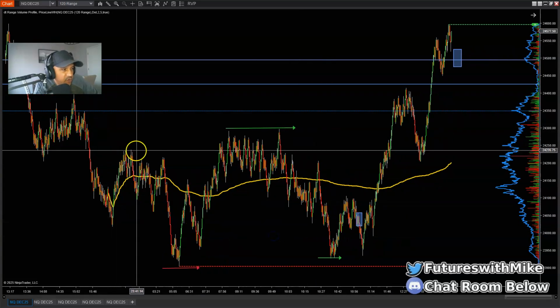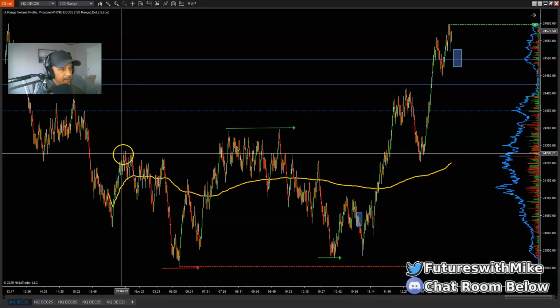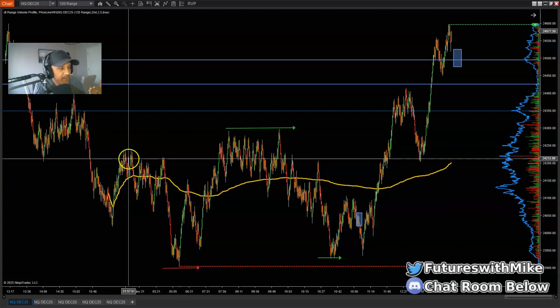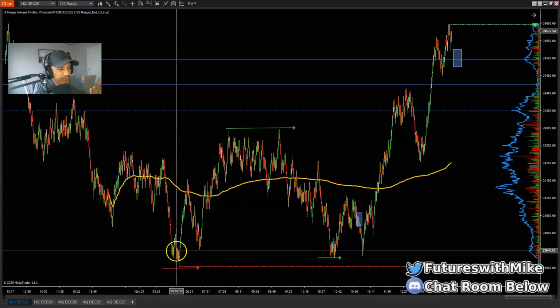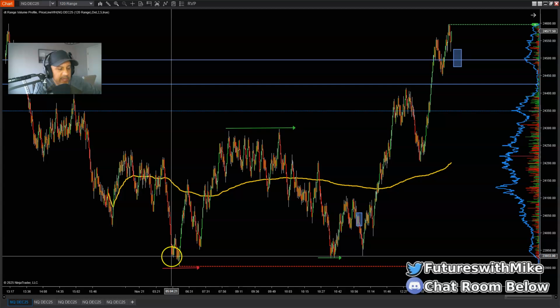So this high right here is a market structure high, okay, or a pivotal point to where we have a push up or retracement where it makes a high, comes down, breaks structure here, and then we have a low right here.